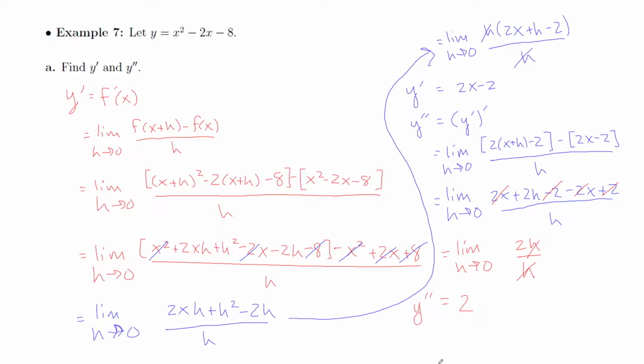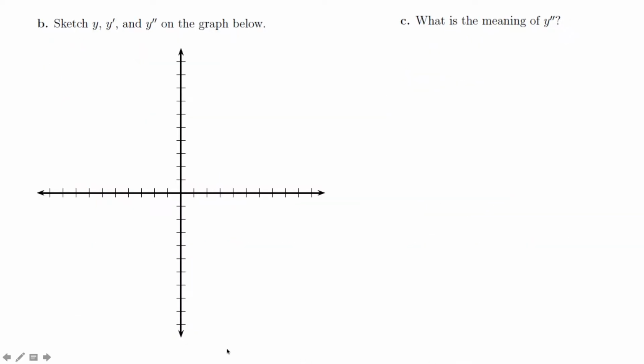So if I want to think about the graphs of these things, I can do that. So first of all, let's think, y equals x squared minus 2x minus 8, right? So I want to graph this. I know it's a parabola, right?